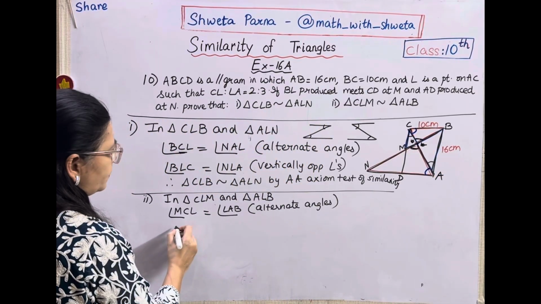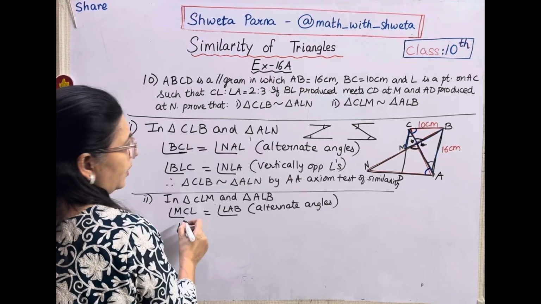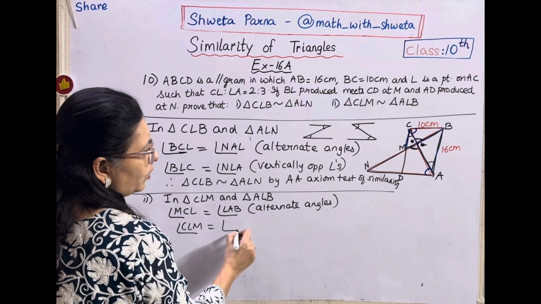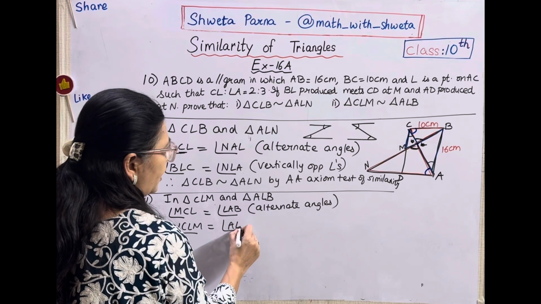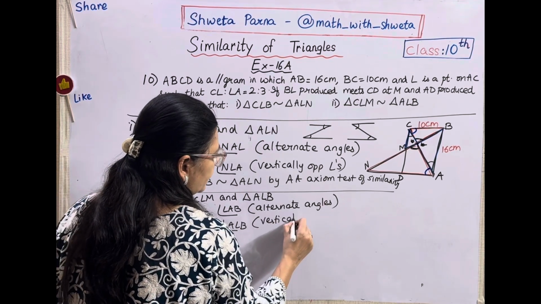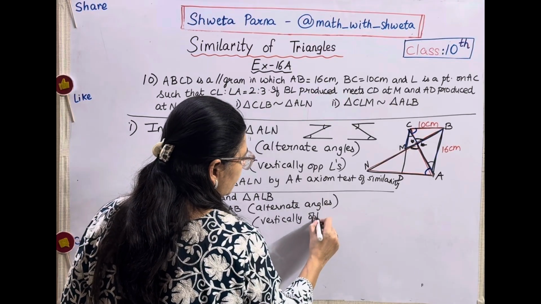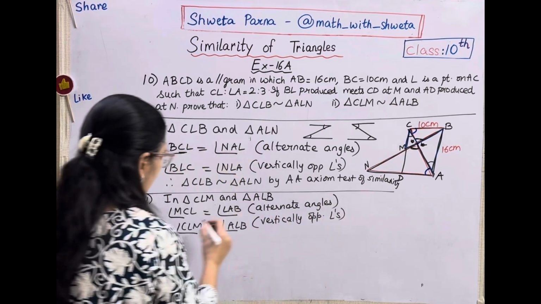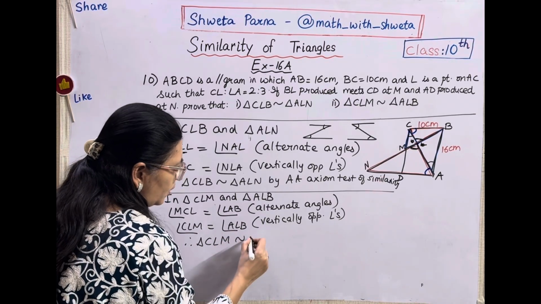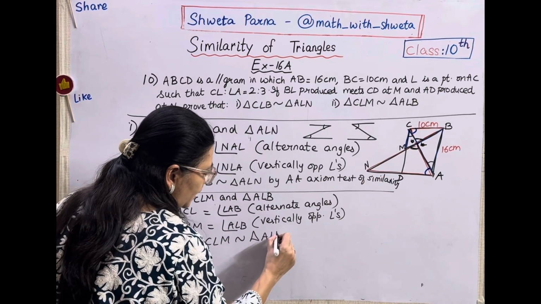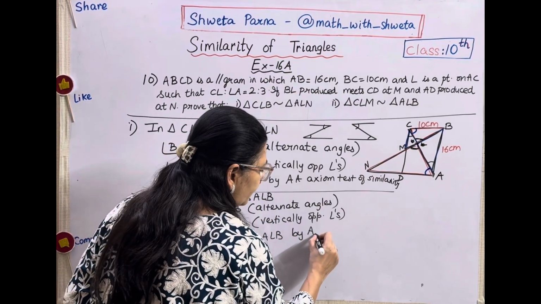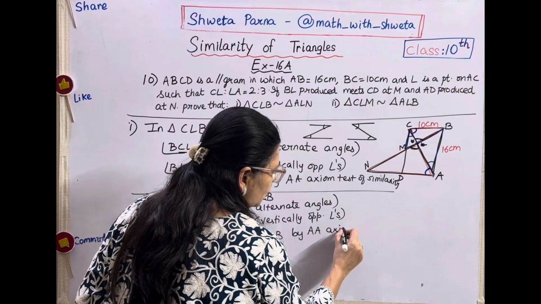So angle CLM is equal to angle ALB, vertically opposite angles. Therefore triangle CLM is similar to triangle ALB by both angles. So by AA axiom test of similarity.